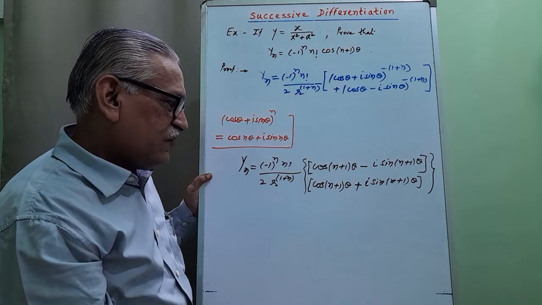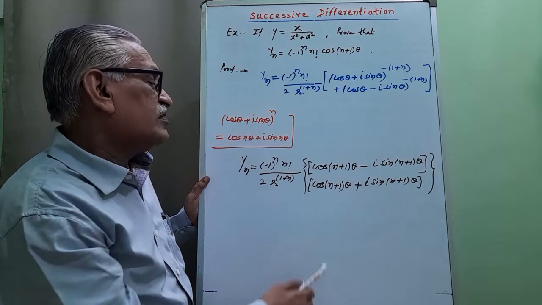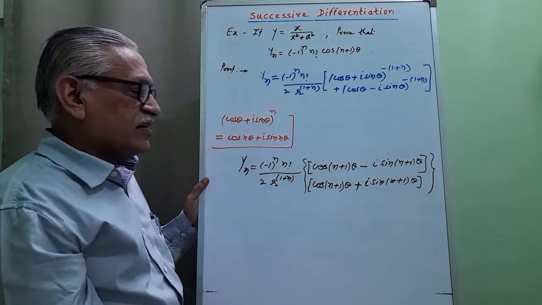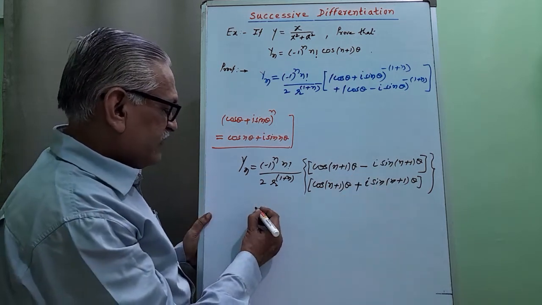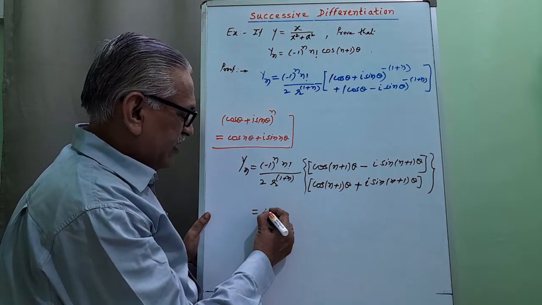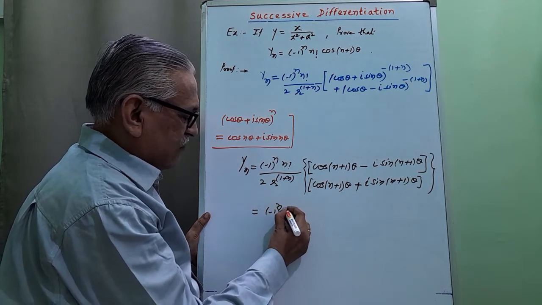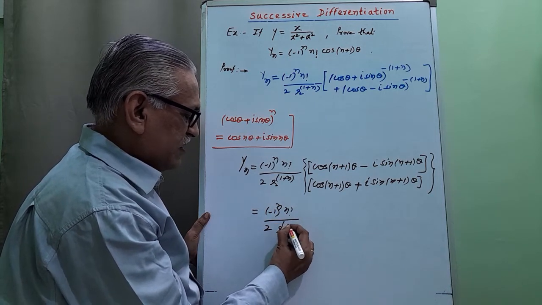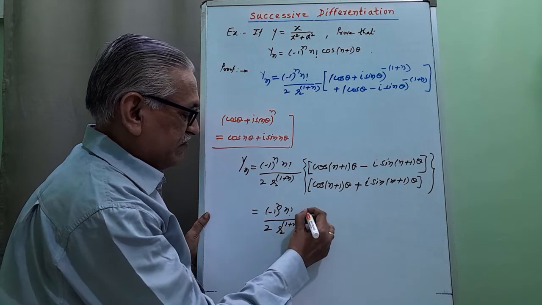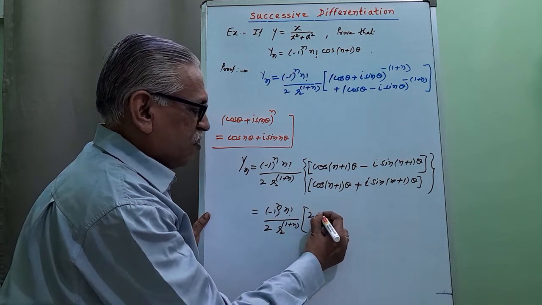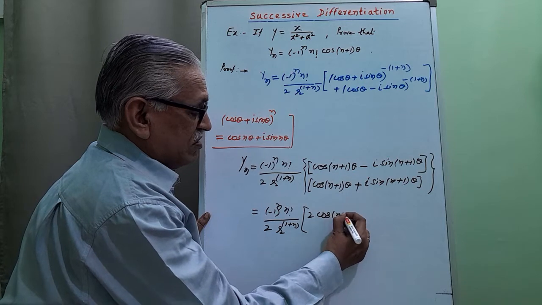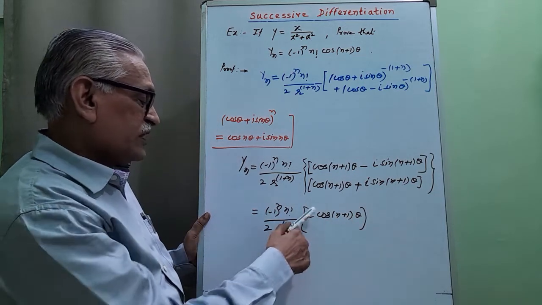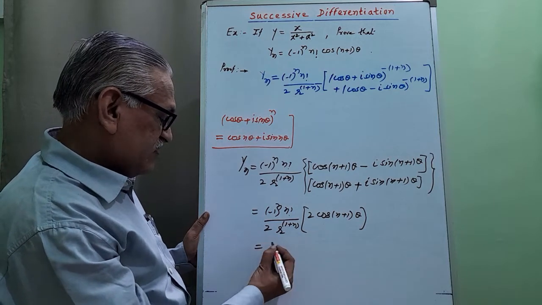And then if you see here, minus I and plus I times sine theta, these two terms get cancelled, and we get finally minus 1 raised to n, n factorial divided by 2 times r raised to (1 plus n). It is 2 times cos of (n plus 1) times theta. 2 gets cancelled, and we get the required result.